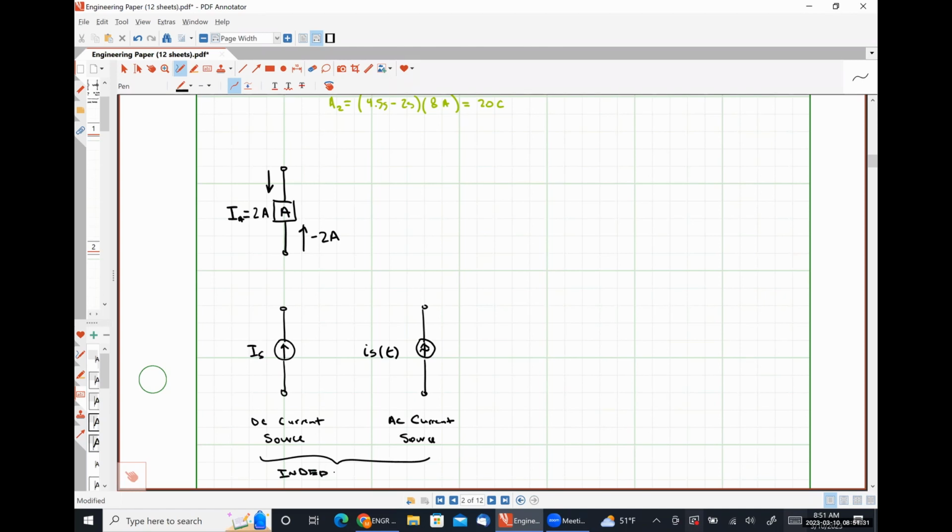And these are both examples of independent sources. Over here on the right, I'm going to draw our dependent current sources.